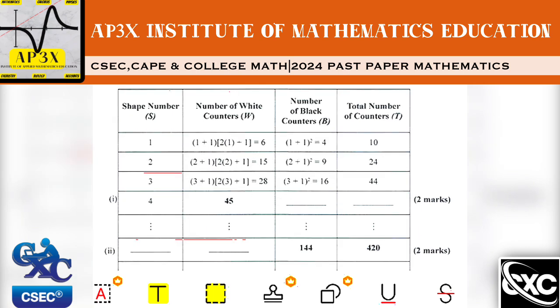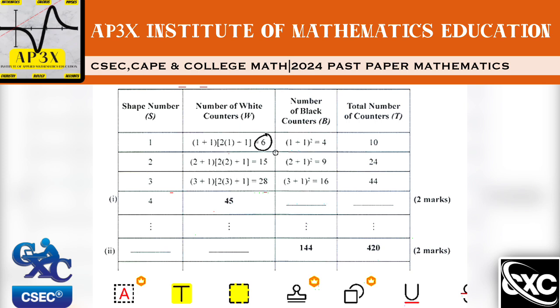So let's see, how would we have gotten this 10, 24, and 44? It seems like if I add 6 here to 4, I'll get 10. And let's check to see if it's consistent. 15 plus 9 looks like 24. And 28 plus 16 looks like 44.